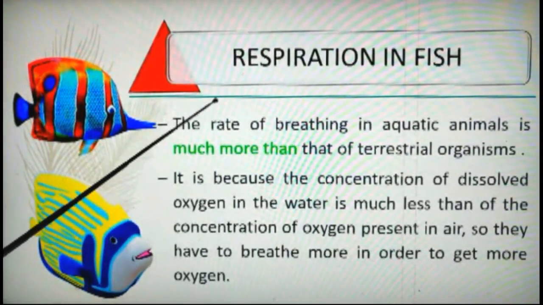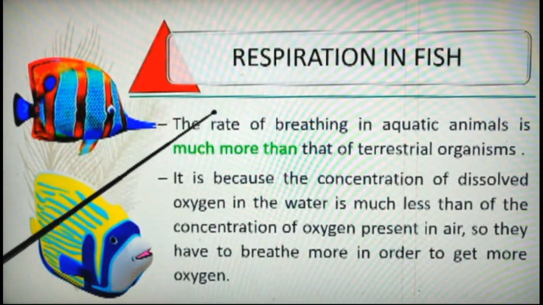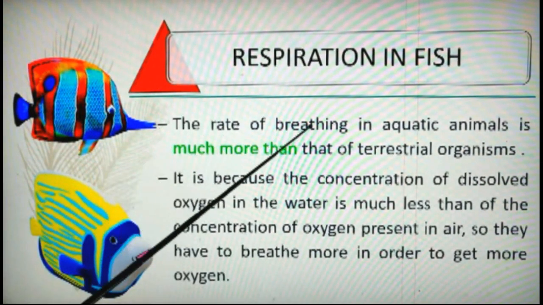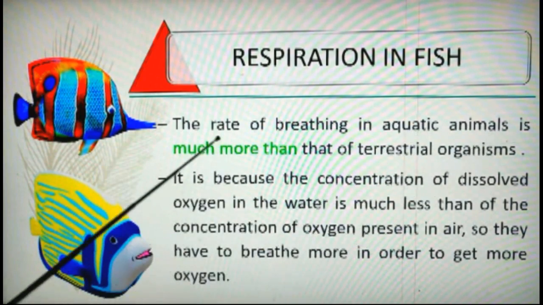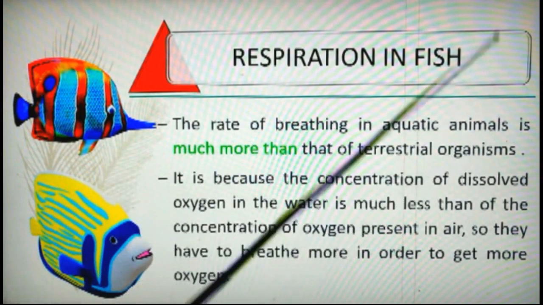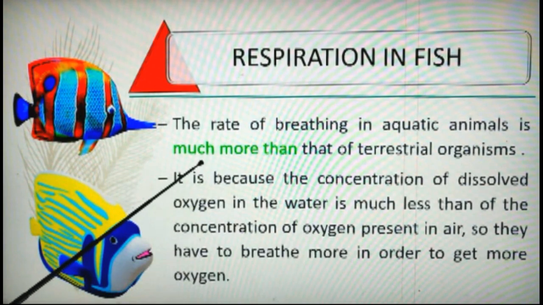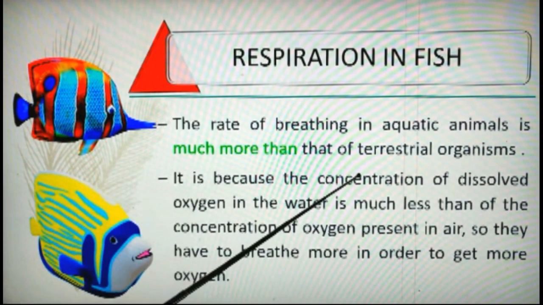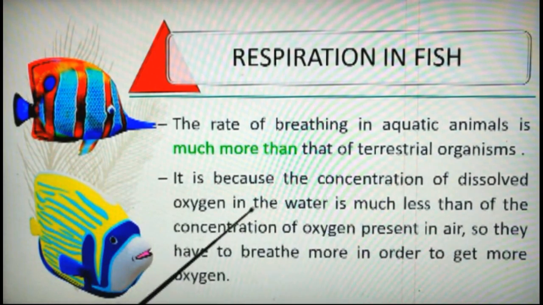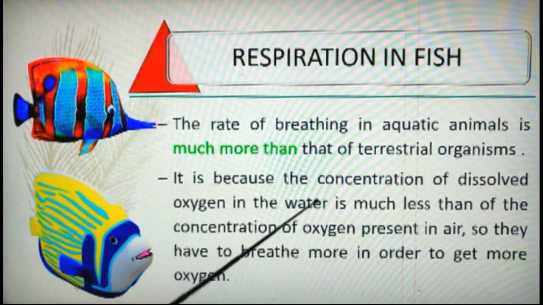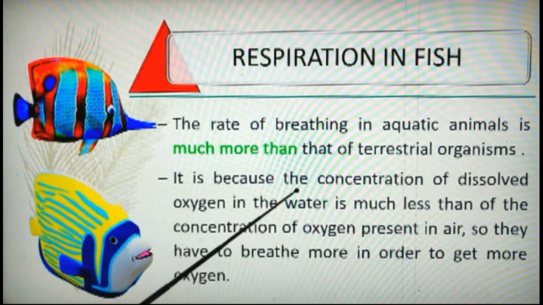Another important question you can always expect for the examination is that the rate of breathing in aquatic animals is much more than that of terrestrial organisms. It is because the concentration of dissolved oxygen in the water is much less than the concentration of oxygen present in air. That means oxygen dissolved in the water is very less compared with the oxygen present in the atmosphere.